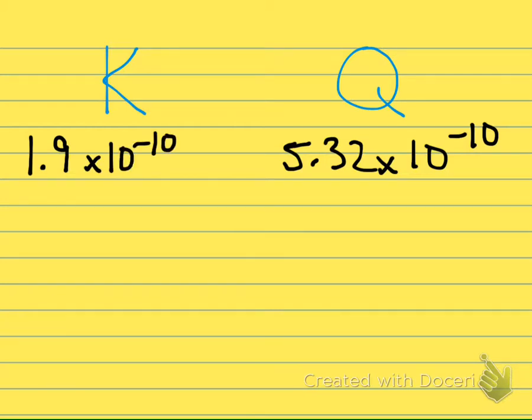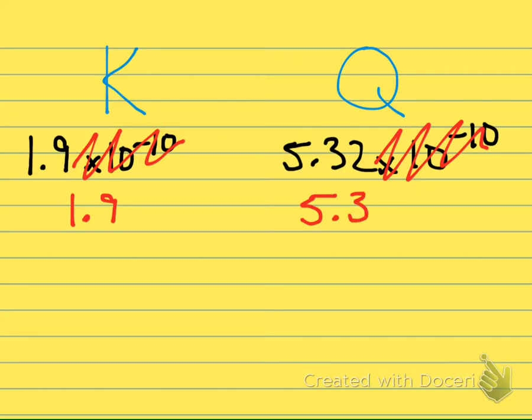And so because we know that these have the same times 10 to the 10th, we can just get rid of that and more simply compare 1.9 to 5.3. We'll get rid of this 2 for comparing sig figs. And we now know that Q, the value 5.3, is greater than the value 1.9.